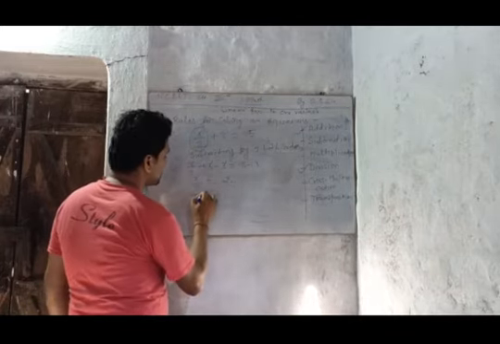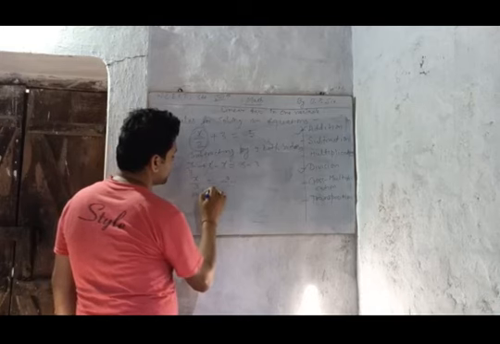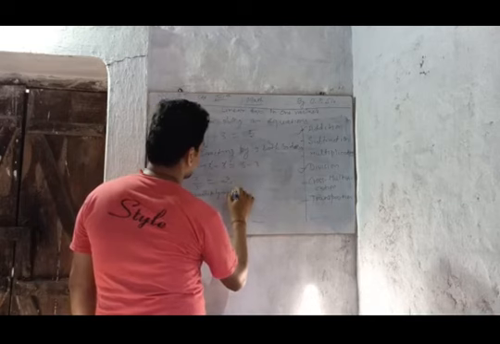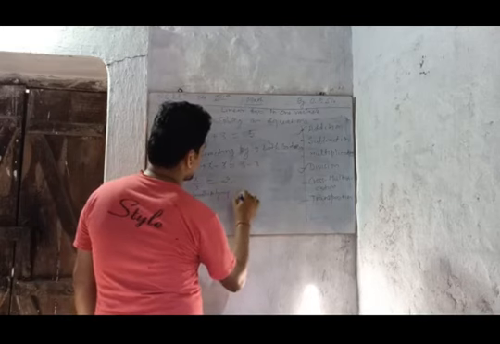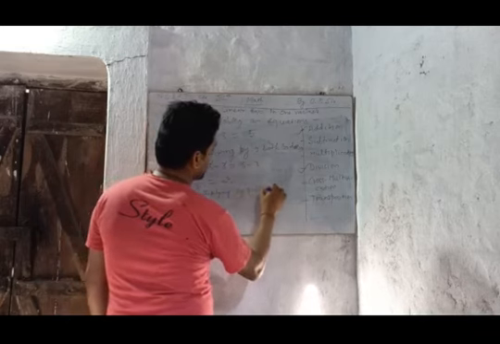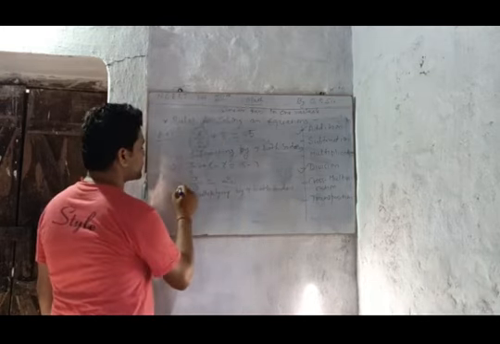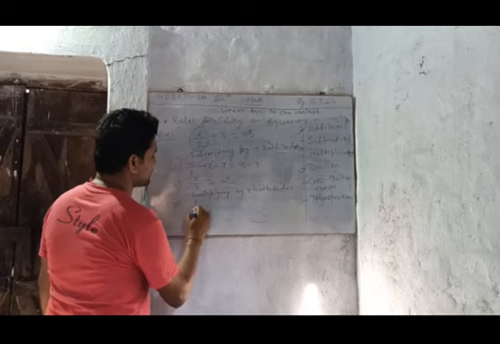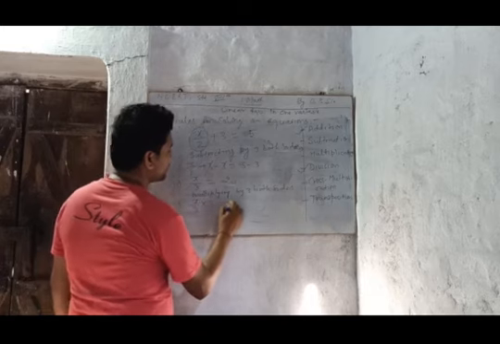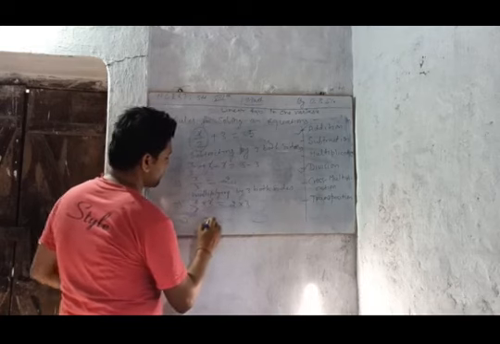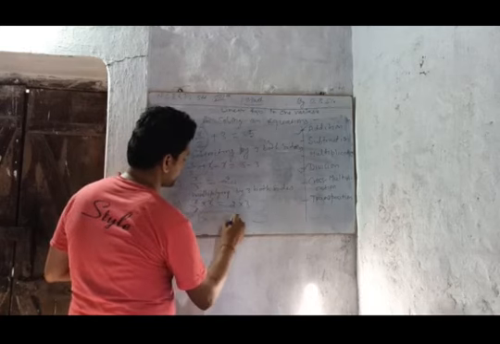So multiplying by 3 both sides. Dear students, what will happen? x upon 3 into 3 is equal to 2 into 3. These 3 will be cancelled. The value of x we will get is 6.